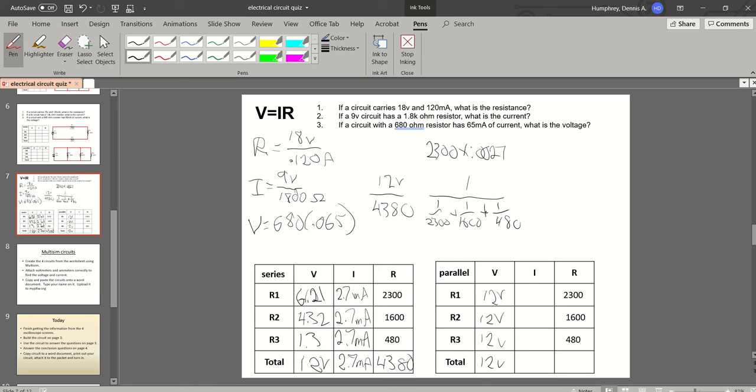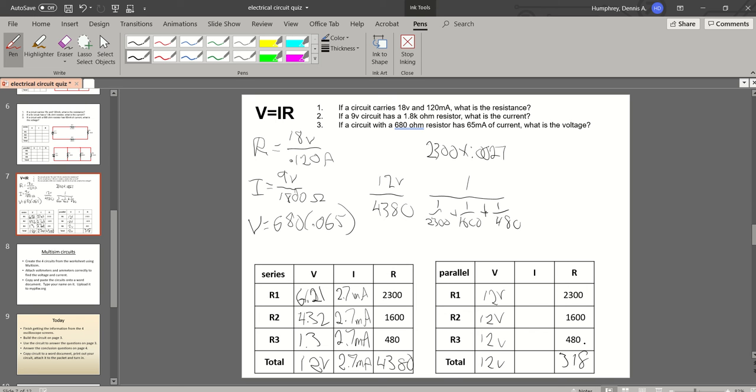If I do that out, 2300 shift inverse plus 1600 shift inverse plus 480 shift inverse equals, and then one more shift inverse, and I get 318.